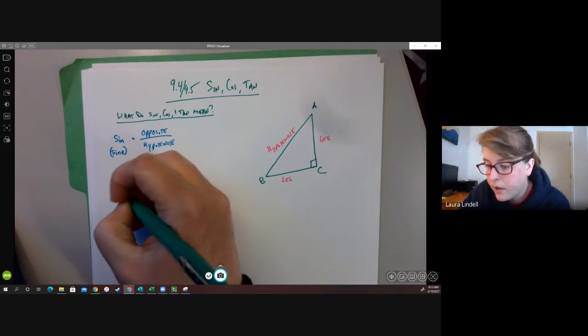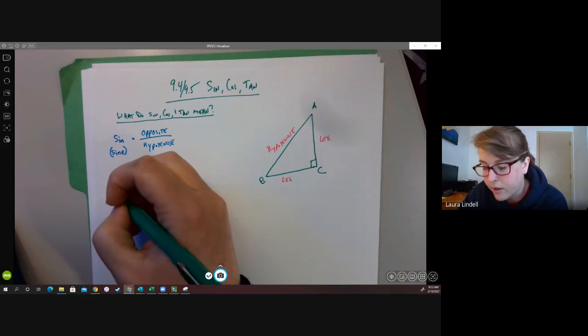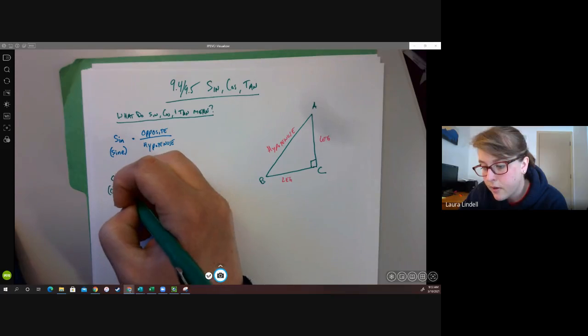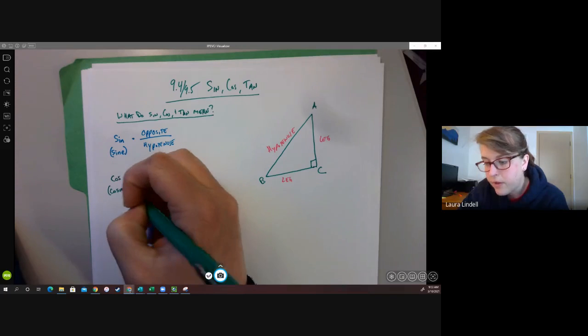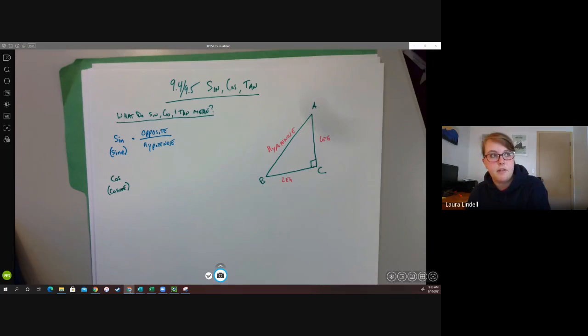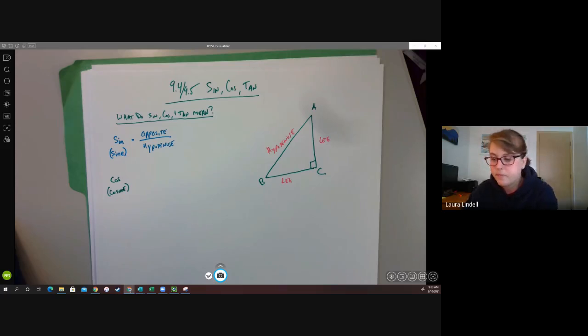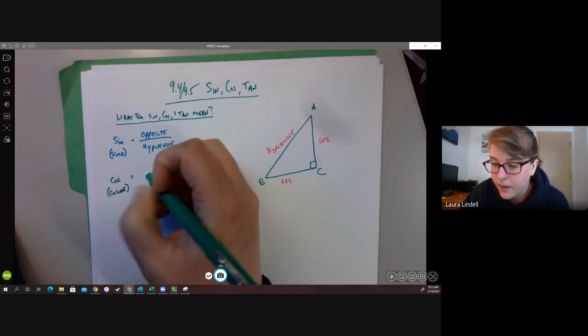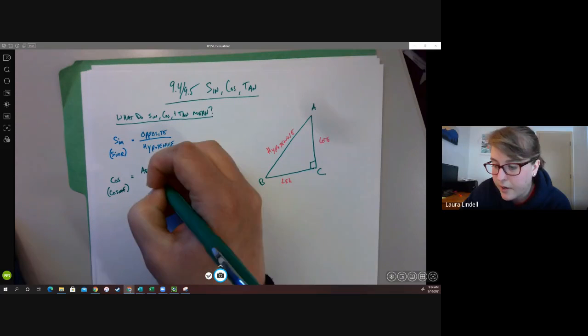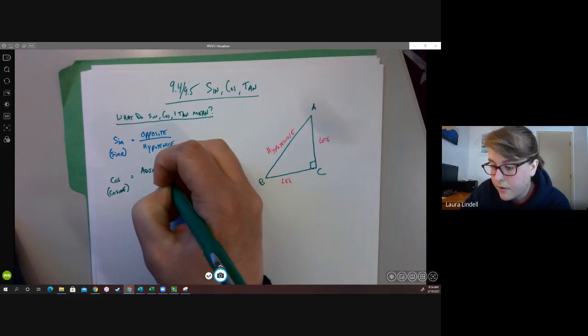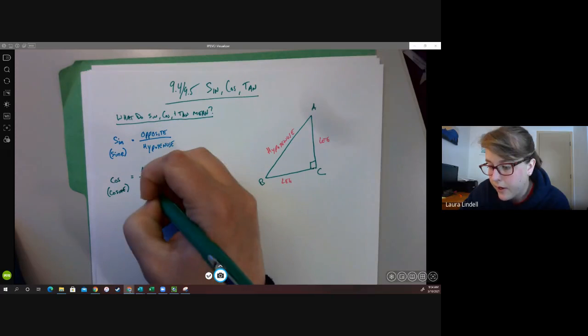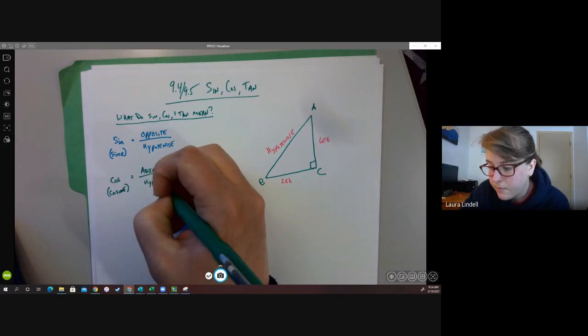Cosine, which also is abbreviated as COS. That's why a lot of people go, oh, cos. But if you were to spell the whole thing out, it's really spelled as cosine. Cosine is the adjacent side divided by the length of the hypotenuse.